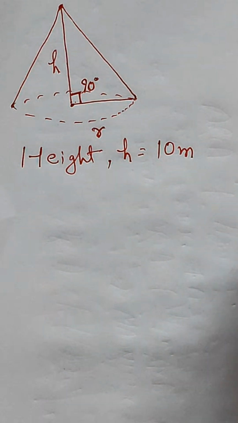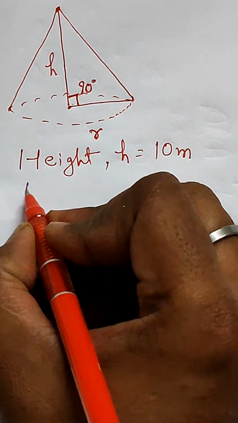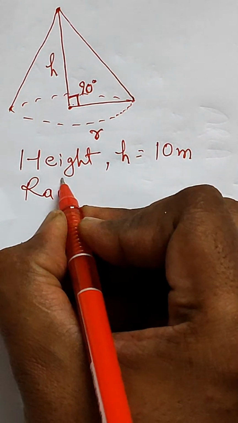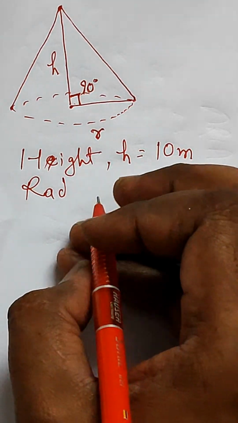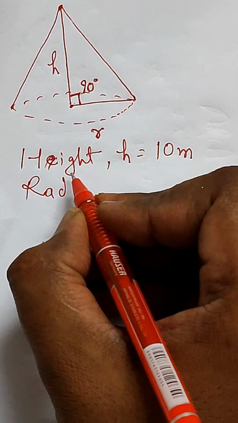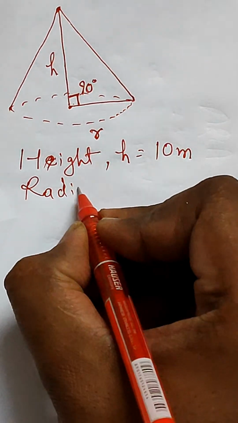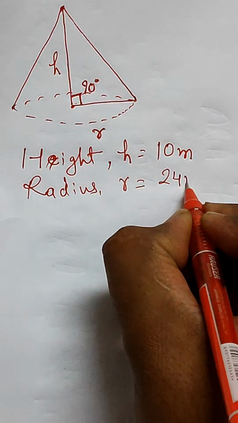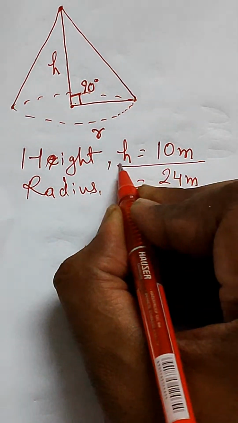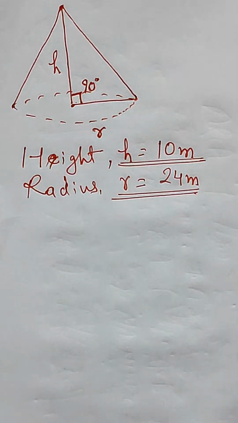And what is the other data given to you? The radius, which is given as 24-meter. Now h is given to you, r is given to you.